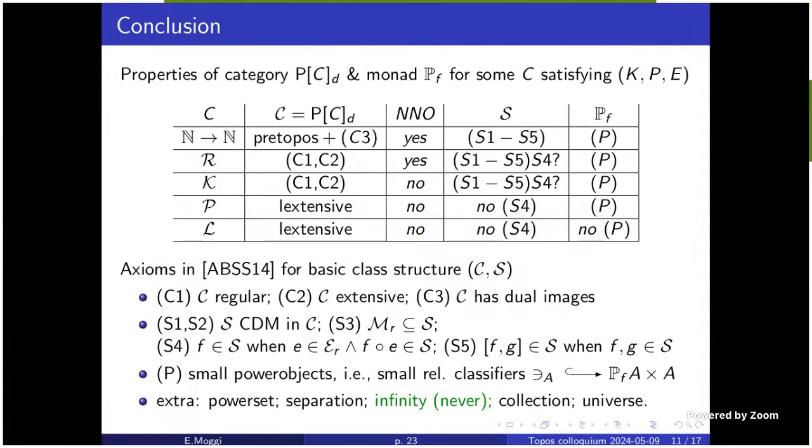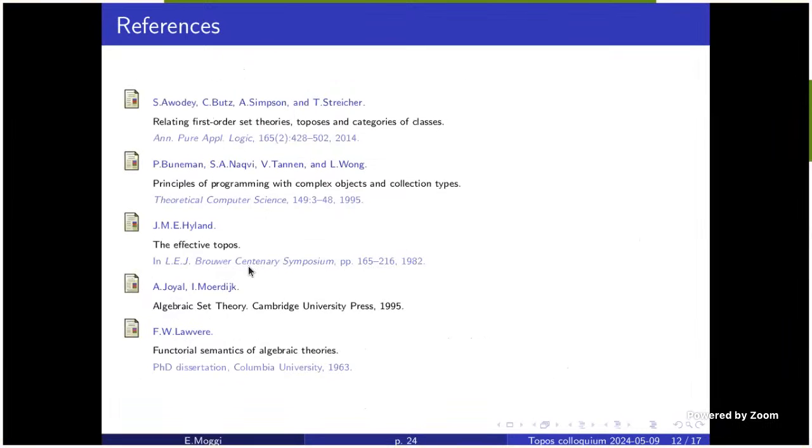So let me summarize. If you know some axioms in this category of classes, in particular, there is a paper by Awodey and others in the arXiv, I think. Let's see, where is it?